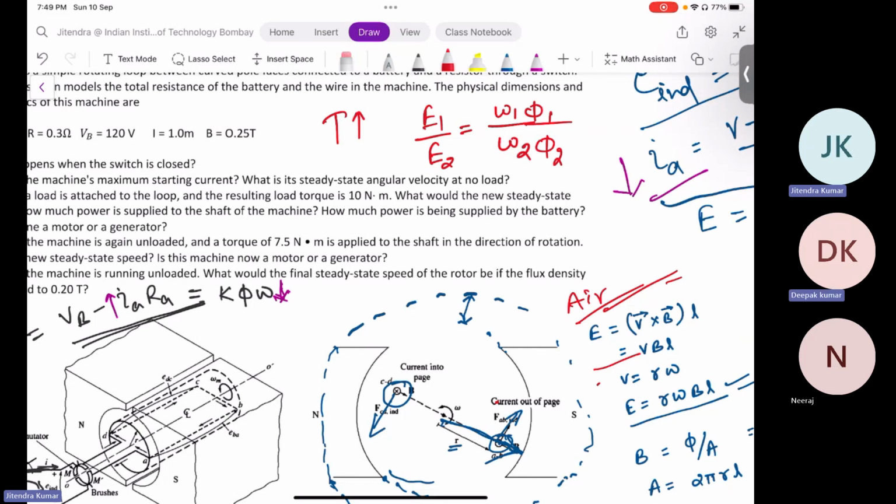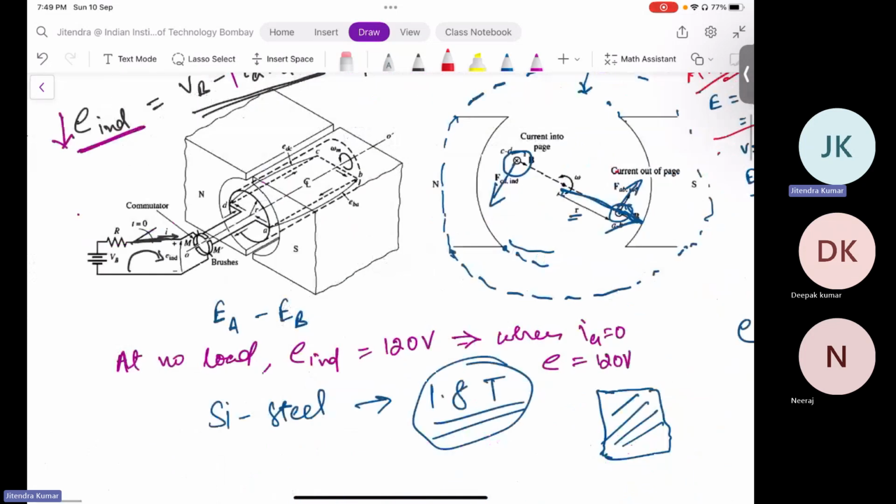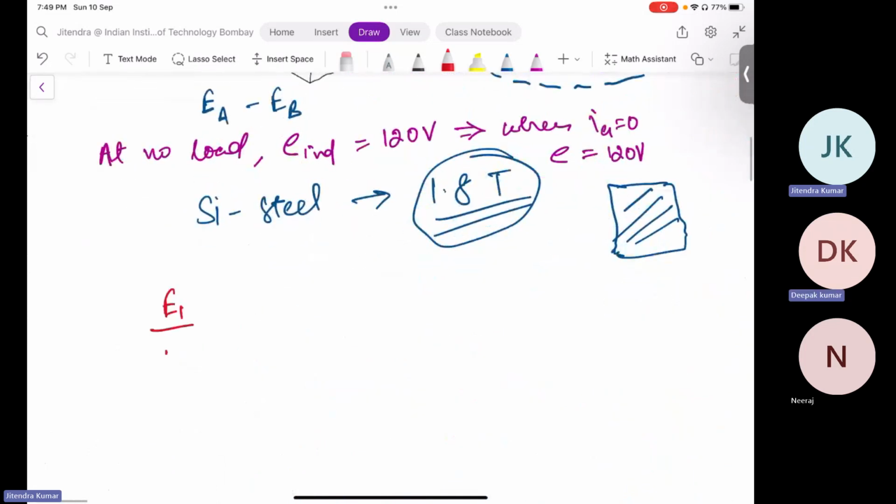Now phi is also directly proportional to B1 and B2. And since we are given in terms of B, it is better to write E1 by E2 is equal to omega 1 into B1 by omega 2 into B2. Now we know E1, we know omega 1, we know B1. In this problem, the machine is running unloaded and flux density is reduced.